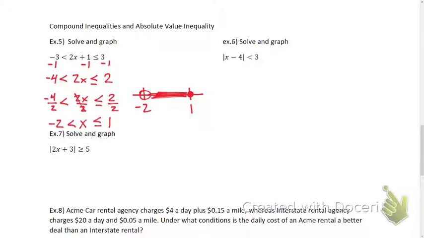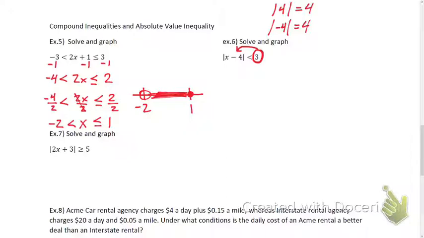All right, let's do one more together. For absolute values, you know, if I have an absolute value of a 4, I get a 4. If I have an absolute value of a -4, I still get a 4. That means for this 3 right here, the inside might be +3 or it might be -3.